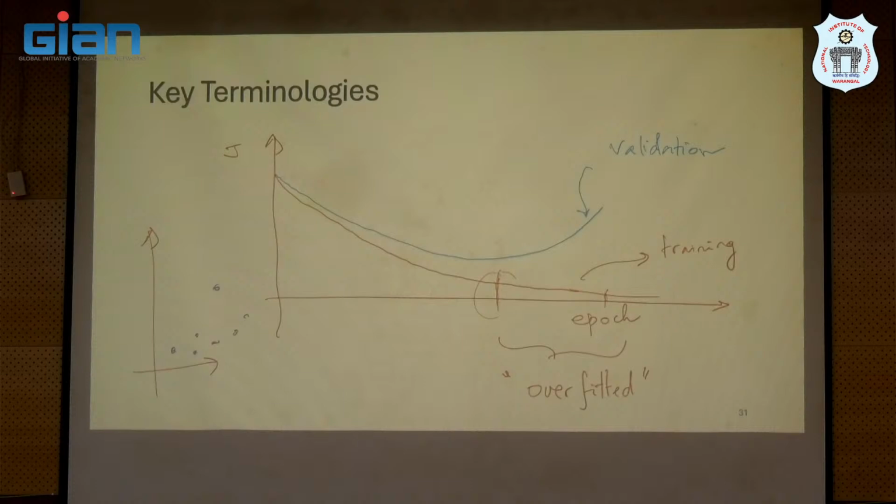Typically you would expect a line something like this. A best line fit for these data points. But an overfit would be something like this.